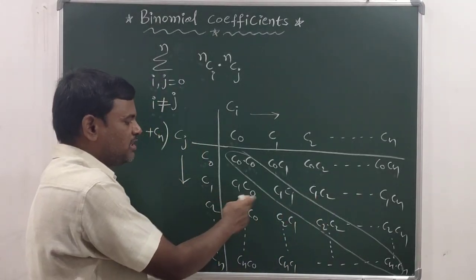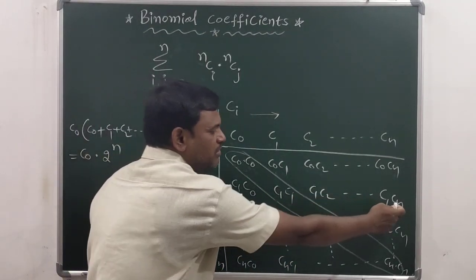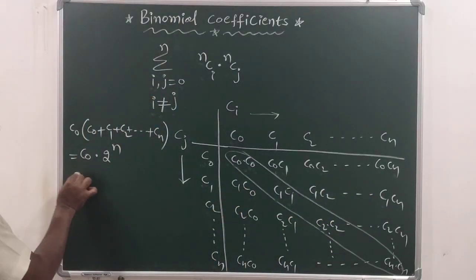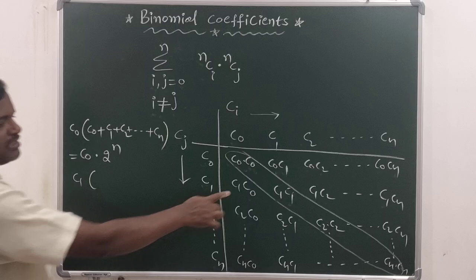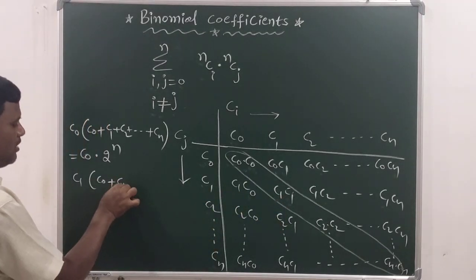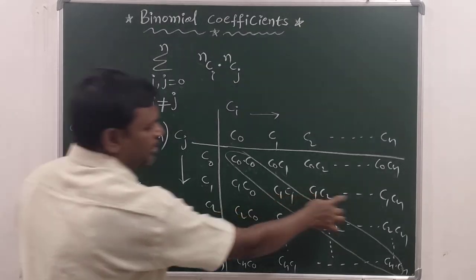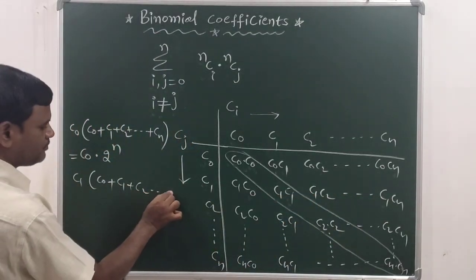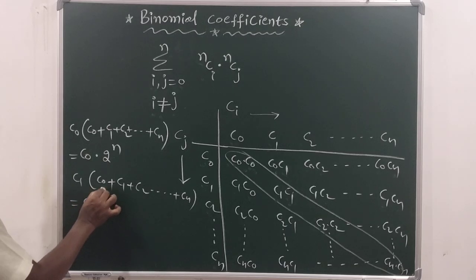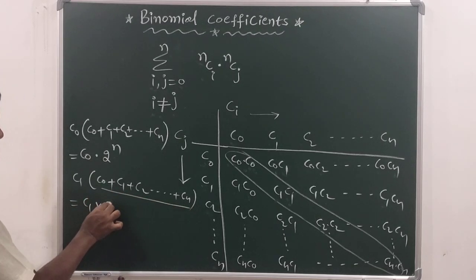So here C1 C0, C1 C1, C1 C2, C1 Cn. From all of them, I can take C1 common. If I take C1 common, inside what is left? C0, C1, C2 and so on, Cn. Now this is equal to C1 times the sum of all these coefficients, which is equal to 2 power n.